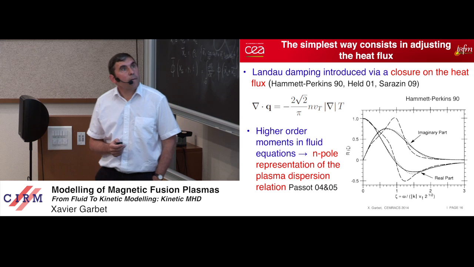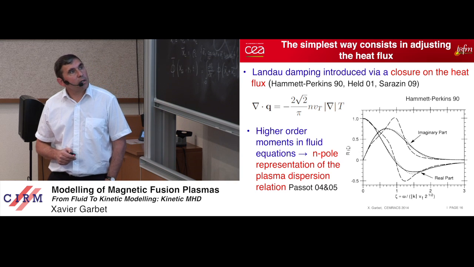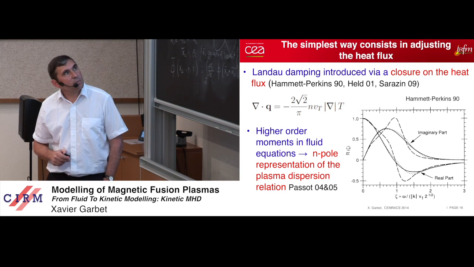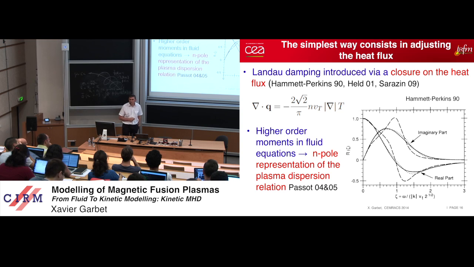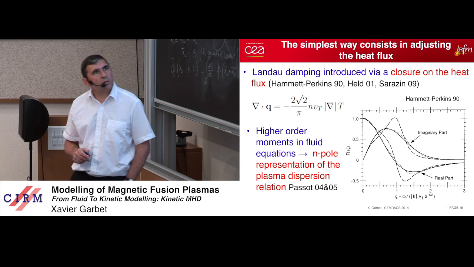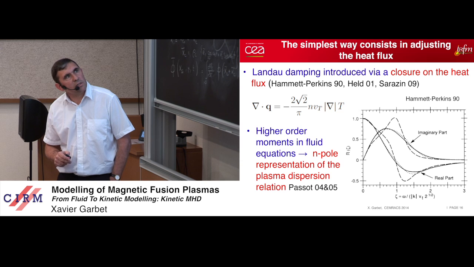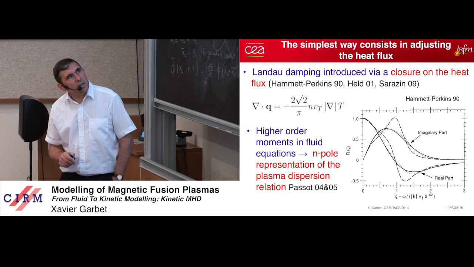And here you find, actually in the same paper by Hammett and Perkins, either directly the plasma dispersion function or something close to it, as a function of this parameter omega over k v. Here, these lines would be the exact plasma dispersion function, or Fried-Conte function. The actual closure here would be this dashed line.